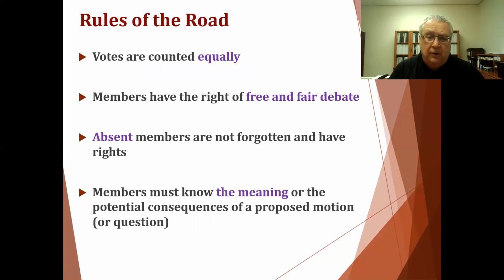Absent members are not forgotten, and they have rights. And at every stage of the meeting, the members, the individuals that make up the group, must understand the meaning and the potential consequences of any business that's being proposed. Now, we use words like motion, we'll talk about that in a minute, or question, something that's being considered.